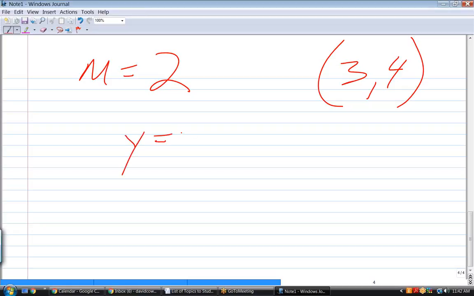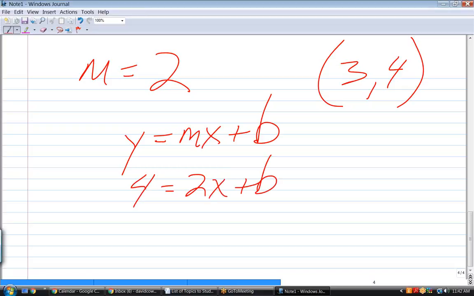Starting always, this is a good way to start, write the general form. So it would be 4 is equal to 2 times 3 plus b. If I write 2x plus b, I cannot solve for anything. What's b equal to?